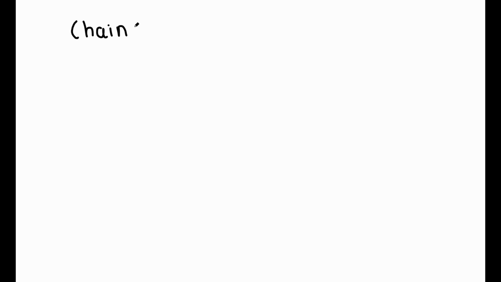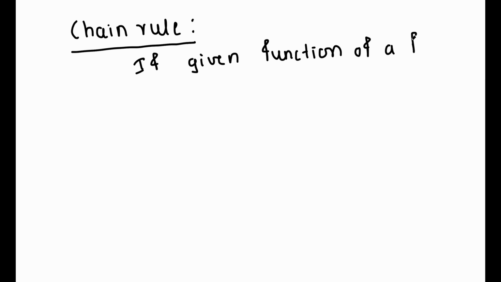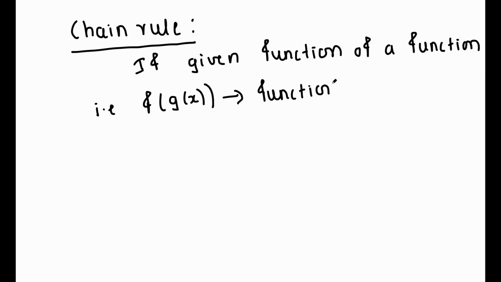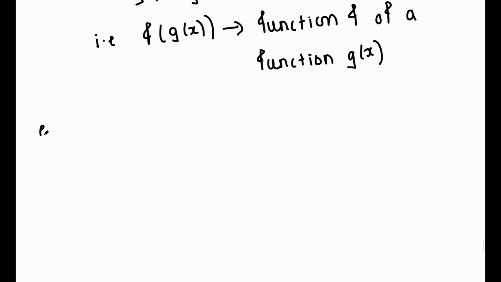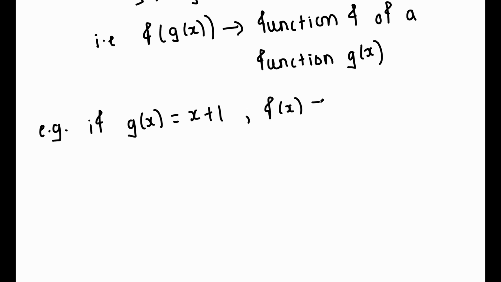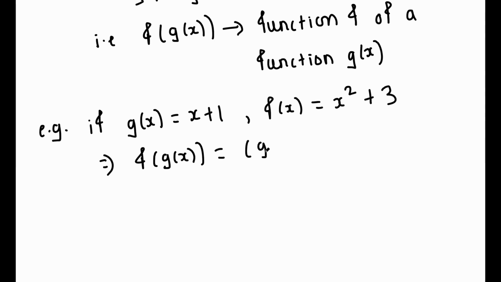If you have a function of a function, then you can take its derivative by using the chain rule. So f of g of x is a function f of a function g of x. To give an example, let g of x equals x plus 1 and f of x equals x squared plus 3. Then f of g of x equals x plus 1 the whole squared plus 3.